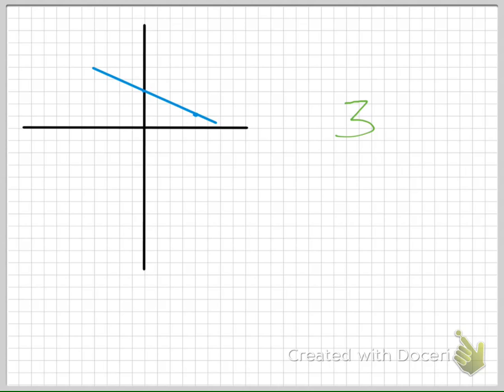Just know that 3 is the same thing as 3 over 1. But if it comes out to be improper and it'd make it into a mixed number, just leave it as an improper fraction. If it's 5 over 1, divide it out. If it comes out to be a whole number, it should either be a whole number or a fraction.